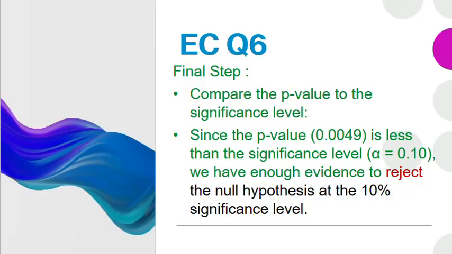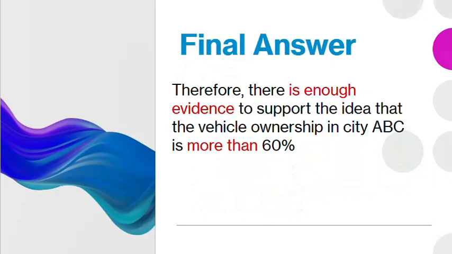We have enough evidence to reject the null hypothesis at the 10% significance level. So, to summarize, the final answer is that there is enough evidence to support the idea that the vehicle ownership in city ABC is more than 60%. So it turns out that the sales manager was correct.